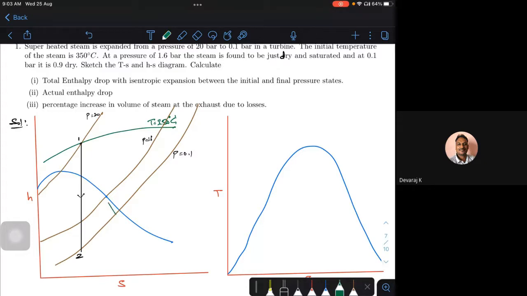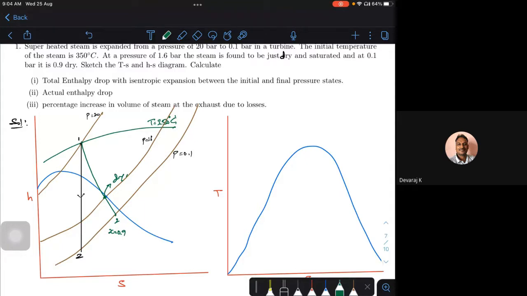That means it is dry saturated, at this particular point it is just touching the saturation line. And at this final point, if I call this 2, the X is either 10% wet or 90% dry. That's the meaning of it.